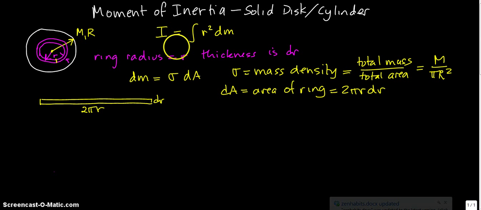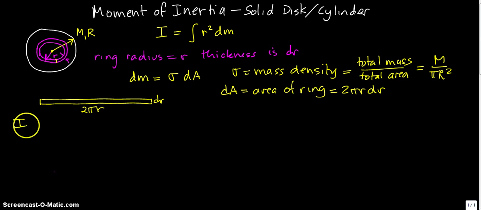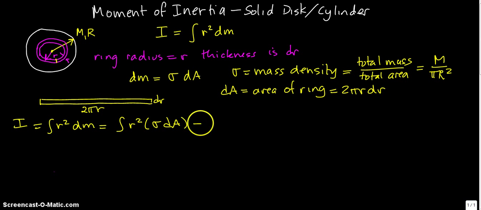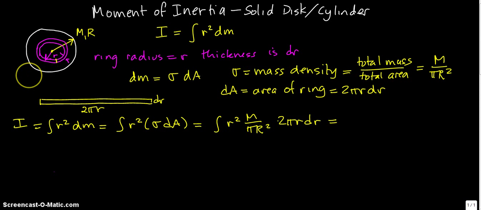So now I'm ready to do my integration. The moment of inertia is the integral of r squared dm, which is the integral of r squared times sigma dA, the density times the area, which is the integral of r squared times sigma, which is m over pi r squared, times dA, which is 2 pi r dr. So some of these letters in here represent constants, things that don't change as I change the radius of my circle, and so therefore those can be pulled out of the integral.